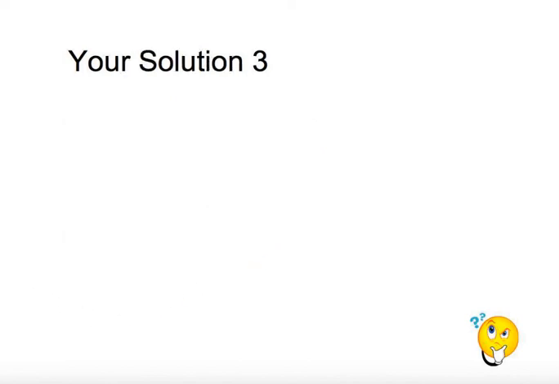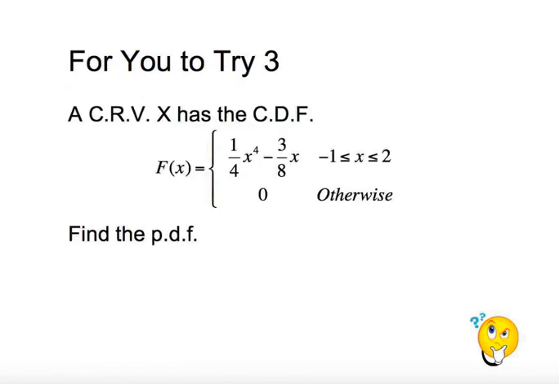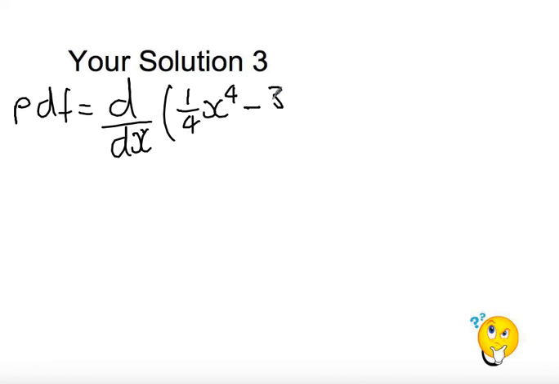Okay, so let's have a look at the answer. I want to find a probability density function. This is found by differentiating my cumulative distribution function with respect to x. So I have 1/4 x to the power of 4 minus 3/8 of x. When I differentiate this, I get 4 times a quarter, which is 1.